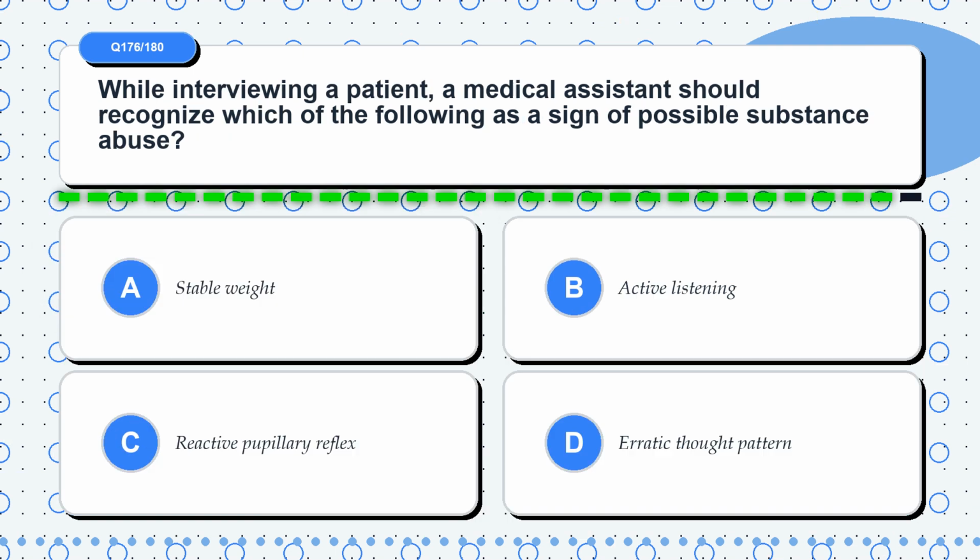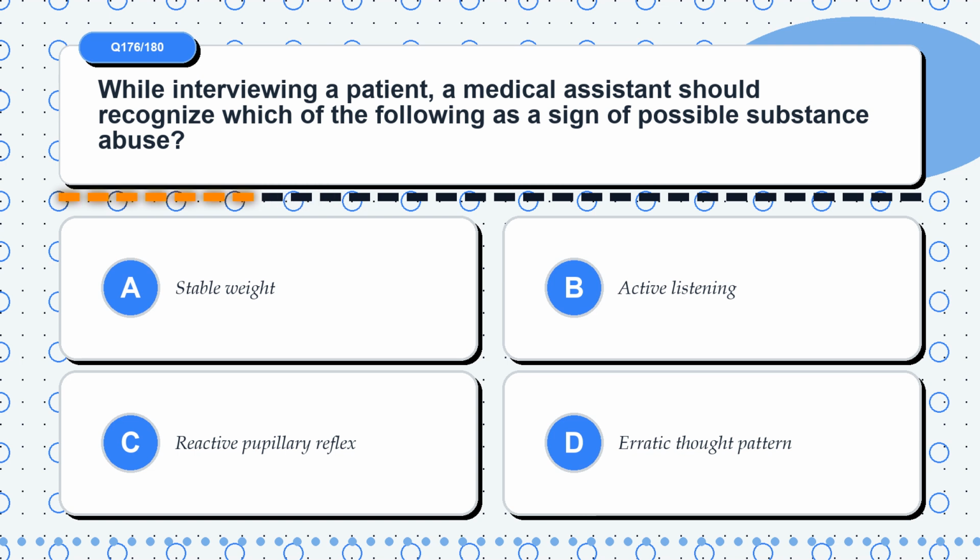Question 176. While interviewing a patient, a medical assistant should recognize which of the following as a sign of possible substance abuse. Here are the options. Option A, stable weight. Option B, active listening.